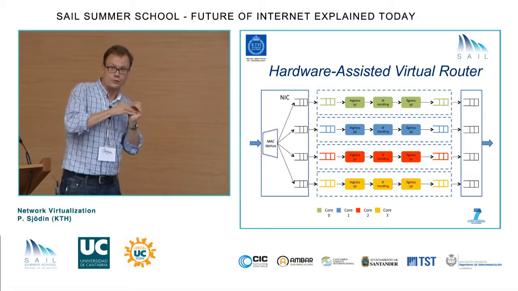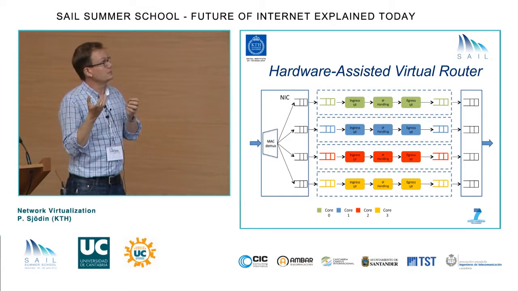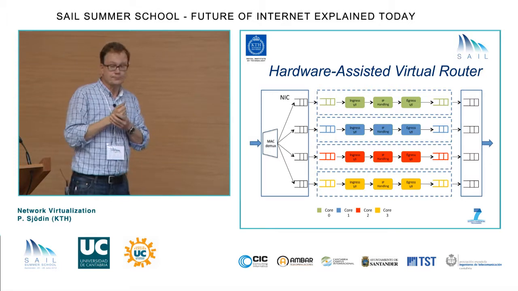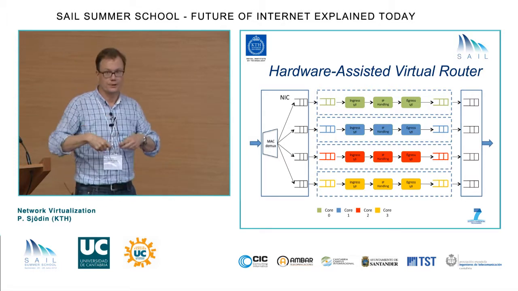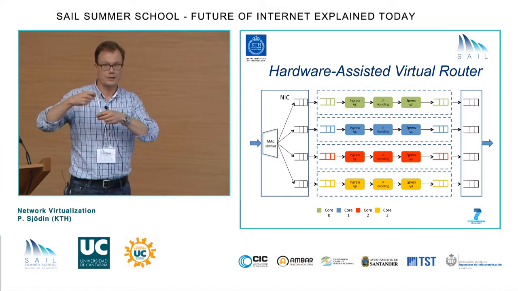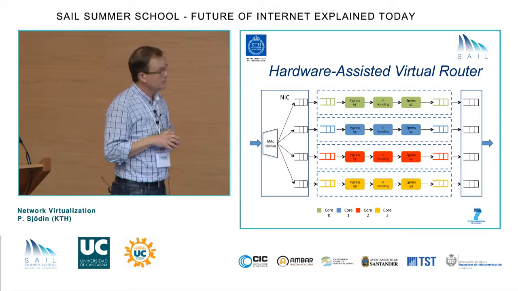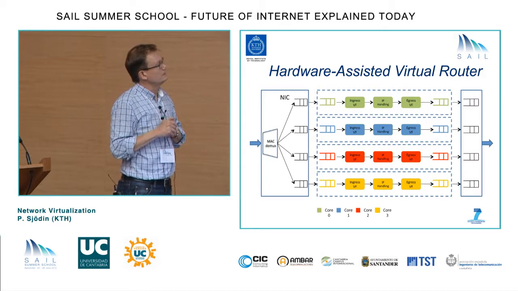The packet goes straight into the guest memory address space of that particular virtual router, and it gets interrupted and can start to pick it up from its incoming queue and do the packet processing. So this is what we can build.